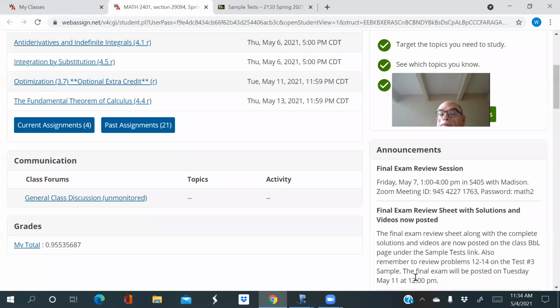If you look at this announcement on WebAssign, it's Tuesday, May the 11th at 12 p.m. That's when it will be posted, our scheduled final exam time, and it won't be due until Thursday at 5 p.m. So it's the same time frame as the other tests, exactly the same setup.